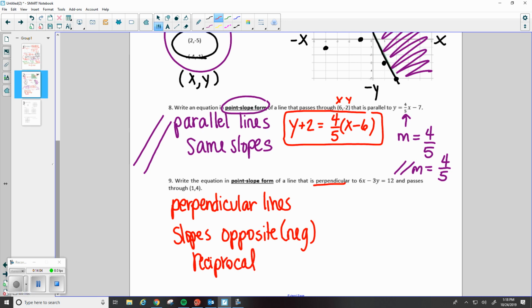So that means that you're going to flip any fraction or a whole number. You're going to write over 1 and then flip it, and then make sure you have the different sign.